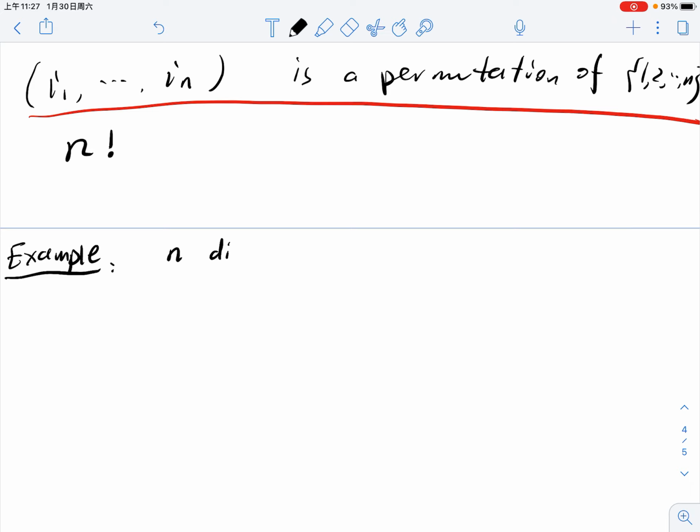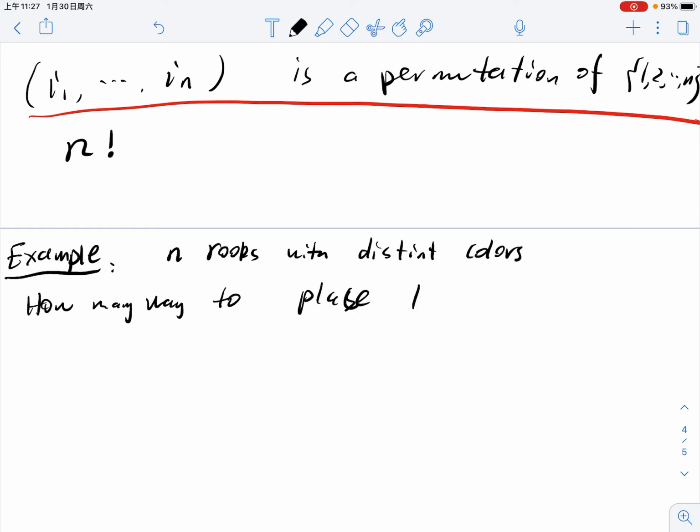Suppose you have n rooks with n distinct colors, and then how many ways are there to place them into an n by n chessboard in a non-attacking way?